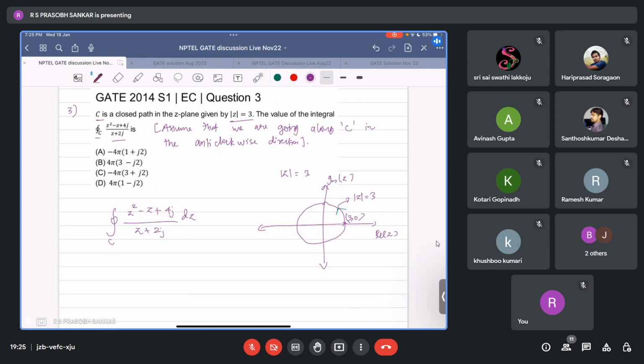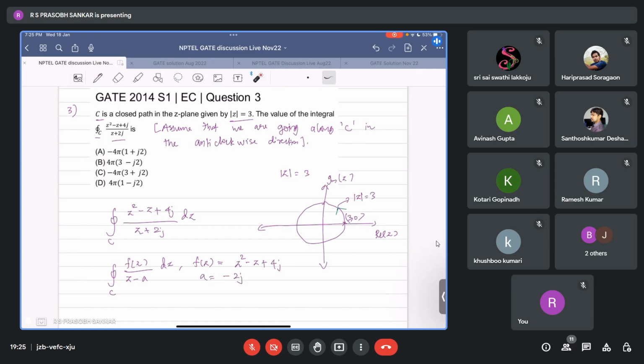Okay, so what is it? We have it like this. This is of the form integration over C of f of z by z minus a dz, where f of z is the numerator, z square minus z plus 4j, and a is basically minus 2j.